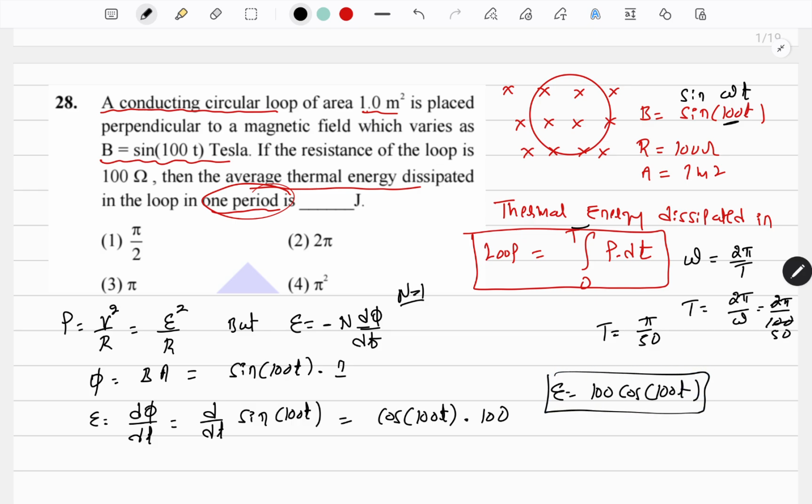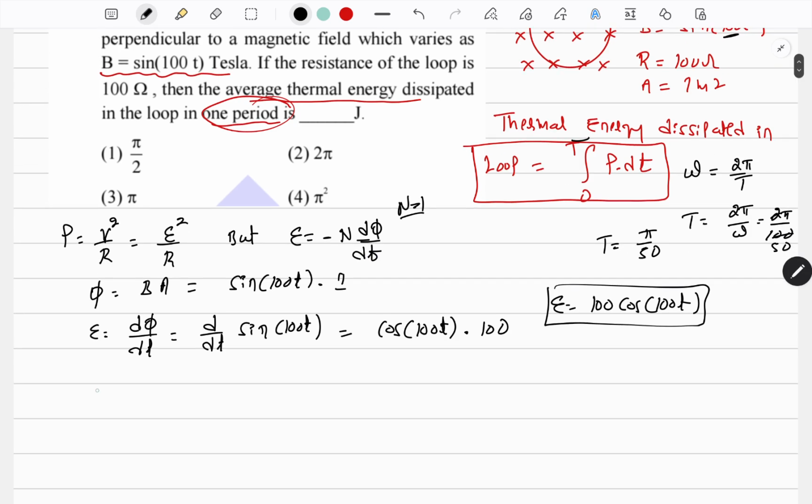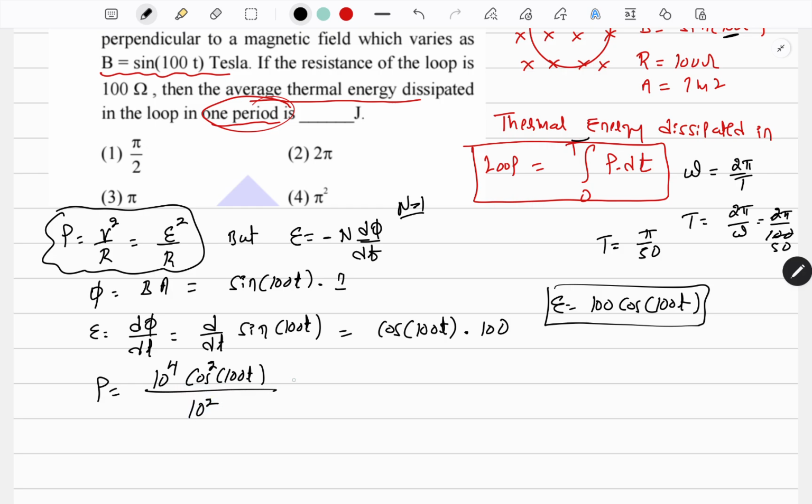Okay, so now how do we calculate P? P is equal to 10 to the power of 4 cos square 100t divided by the resistance, 10 square.